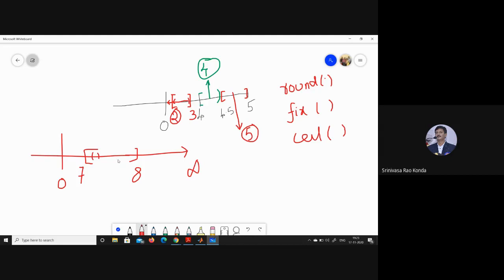So the nearest integer towards plus infinity is 8. So 8 will be displayed.